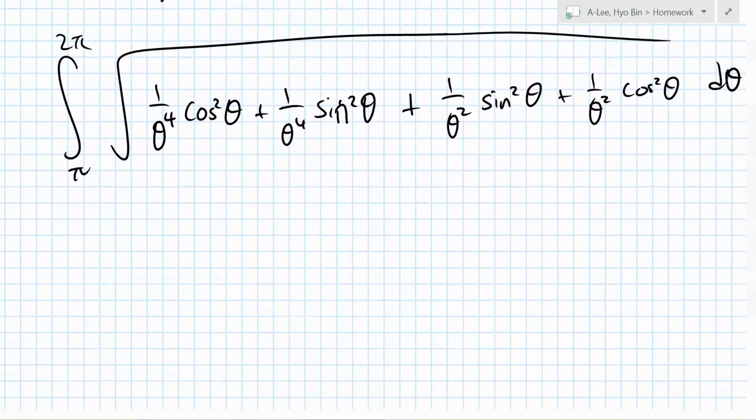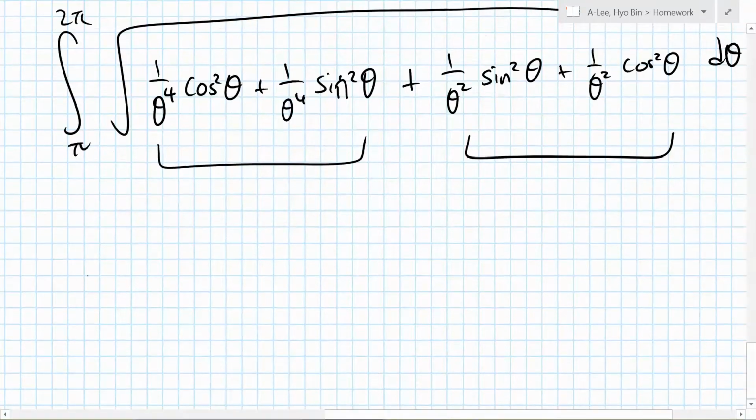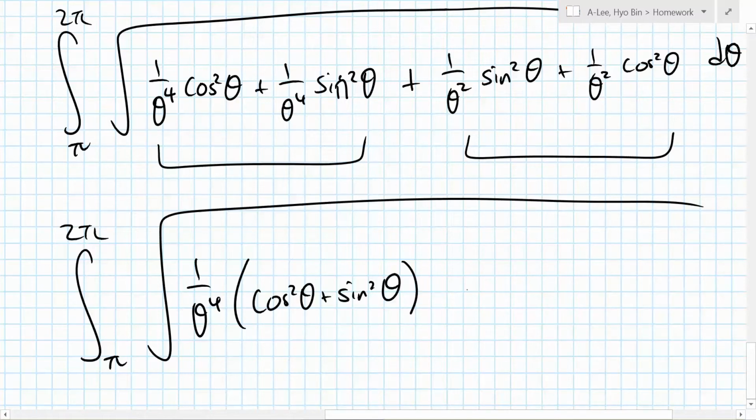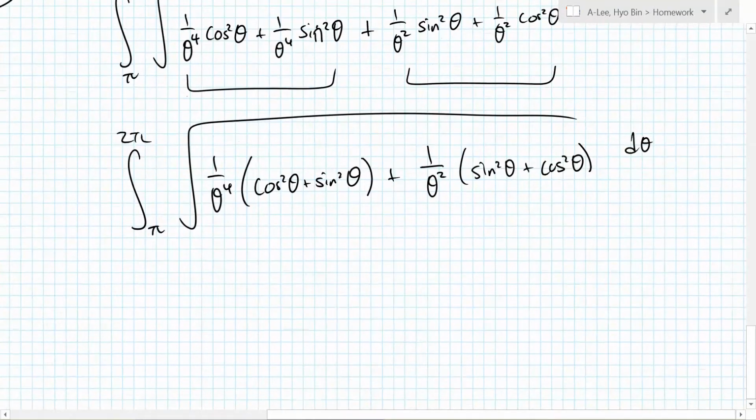Here we can take the 1 over theta to the fourth out and have cosine squared theta plus sine squared theta, and then plus we can also take the 1 over theta squared out and have sine squared theta plus cosine squared theta d theta. And this, according to our trig values, is all equal to 1.